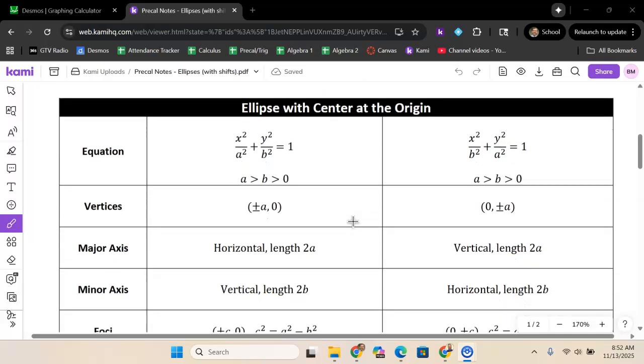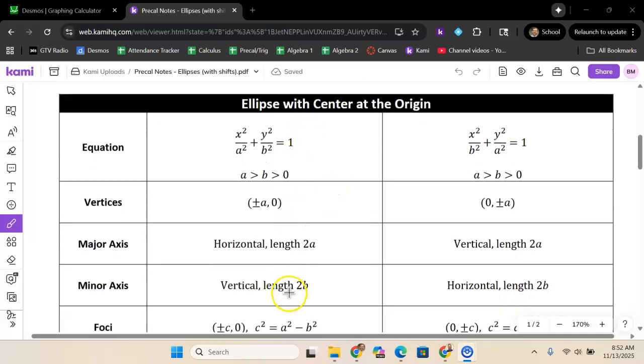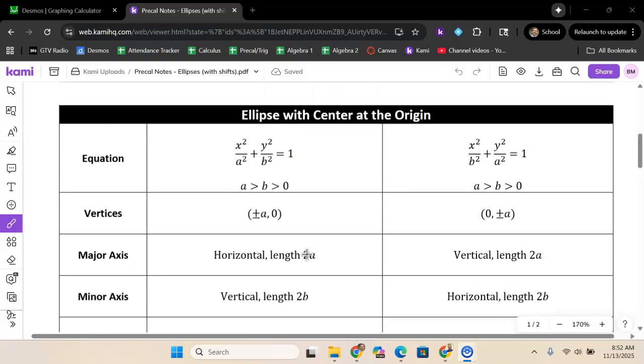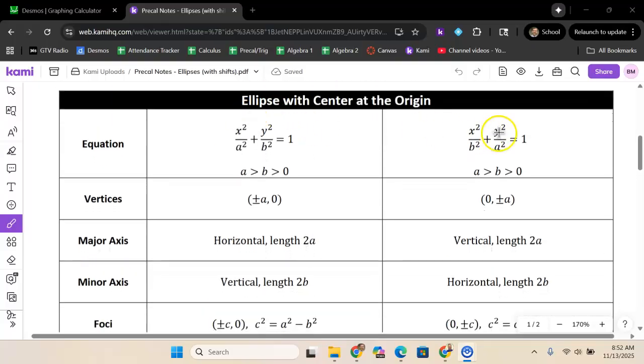On this front page of the notes, you're going to see a lot of information about an ellipse. The main difference here, you might look at the equations and be like, they look kind of the same. And the difference is this a squared is first here, the b squared is underneath the y, or vice versa. Okay, but the key is that a always has to be greater than b.